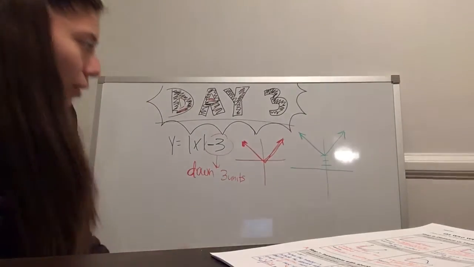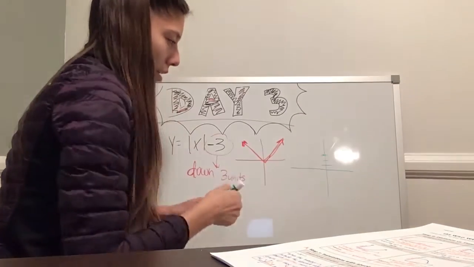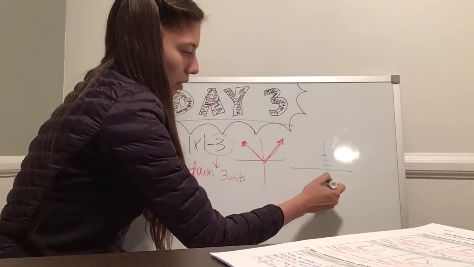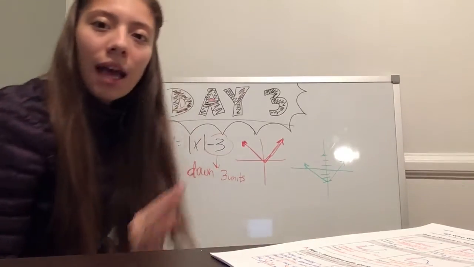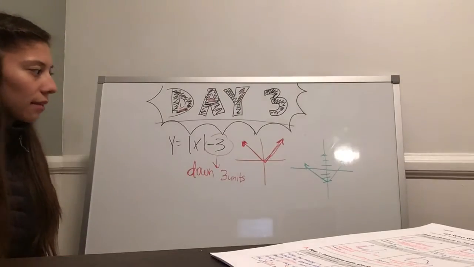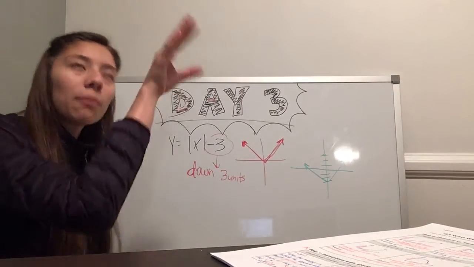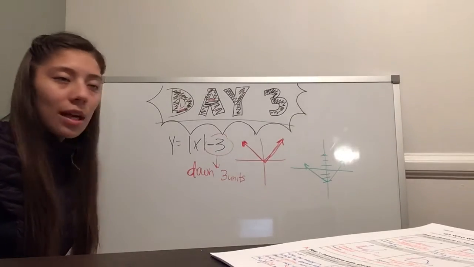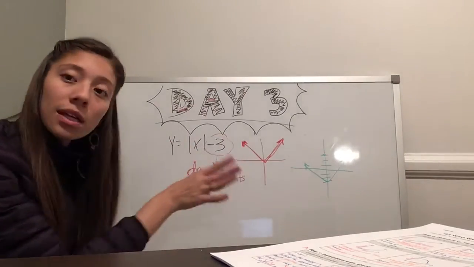So instead of your graph going up 3 units, it's going down 3 units, and your graph stays exactly the same. The parent graph stays the same. The only thing that changes is its translation, either going up or going down. So that's for positive and negative units when it's outside the absolute value.